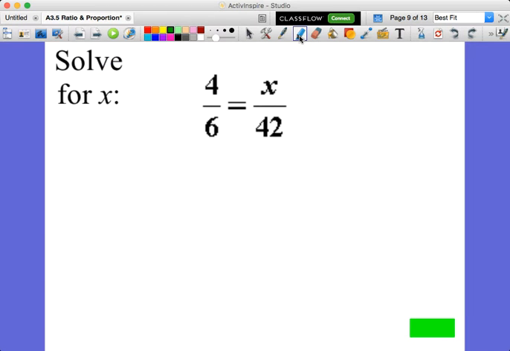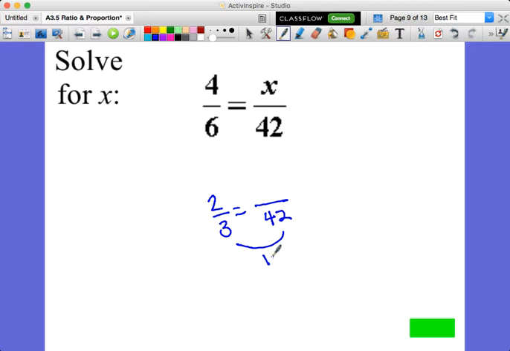Go ahead, try this one. Pause it for about a minute. If I come back and reduce this, I have 2 thirds equals what over 42? 3 nicely goes into 42. I don't know how many times, so I'm going to take 42 divided by 3 on my calculator. It tells me 14.